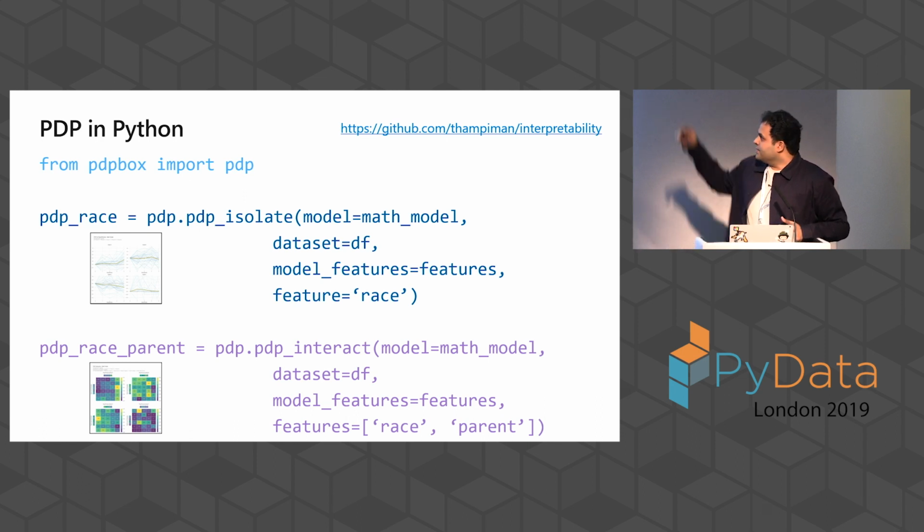The first line here shows you for a given feature how different values impact the outcome, and for the second one, you can feed it a list of features to look at feature interactions. And by the way, all of this code is in the repo up there. I'll share the slides after this talk, so you can have a look at the code.